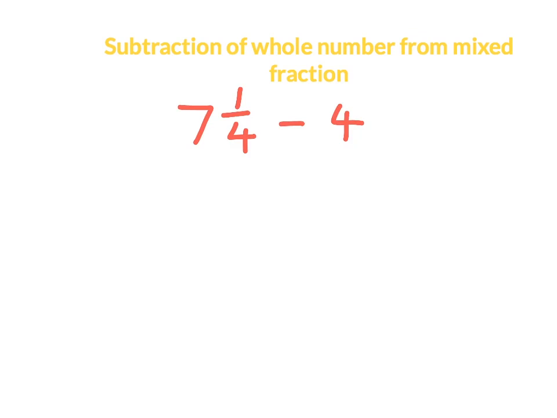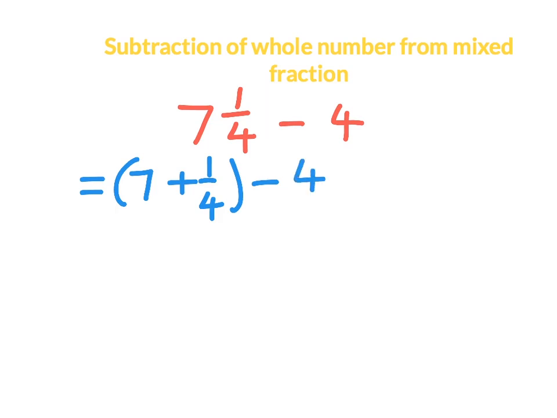If you want to solve this with the simple method, what you do is write out the mixed fraction in a proper form. Remember we said 7 1/4 can be written as 7 plus 1/4. And you want to subtract 4 from both of them.